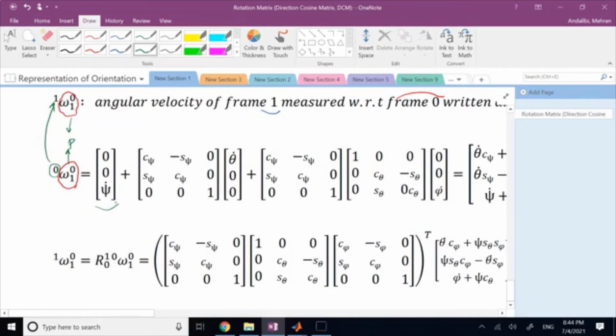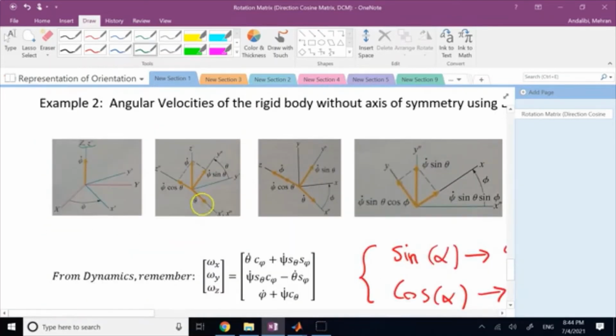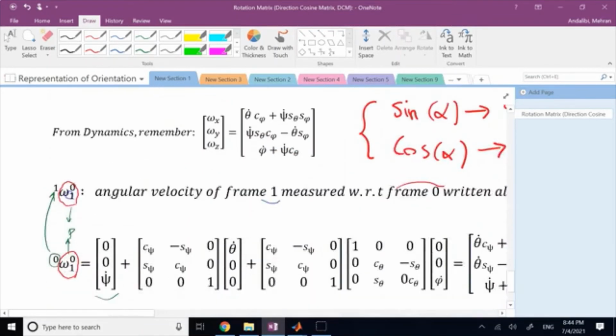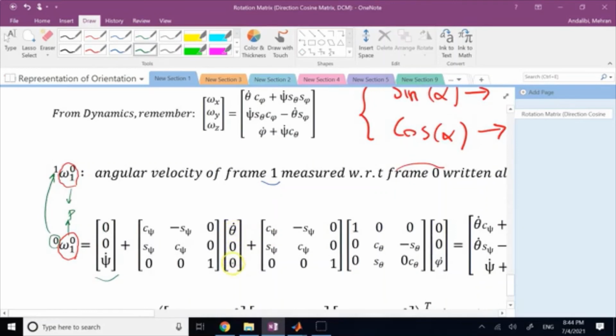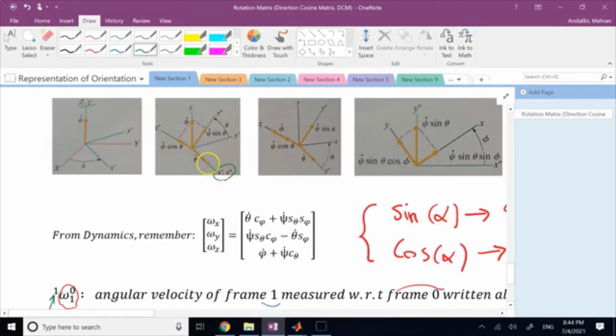No big deal. What about my next angular velocity? It is happening along the intermediate x. So it has a form like this, theta dot, 0, 0. But remember, this theta dot, 0, 0 that you have is in this intermediate frame, which has already rotated by angle psi about the z-axis.